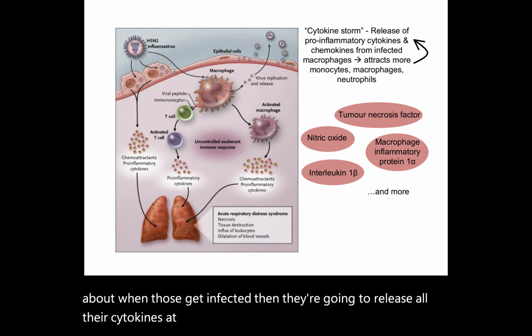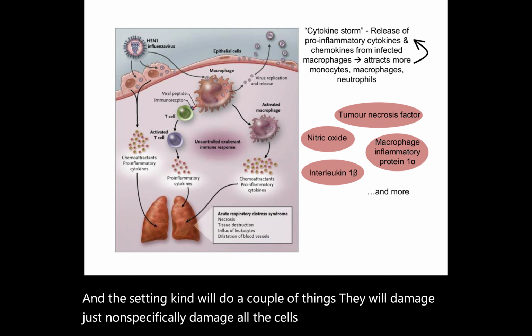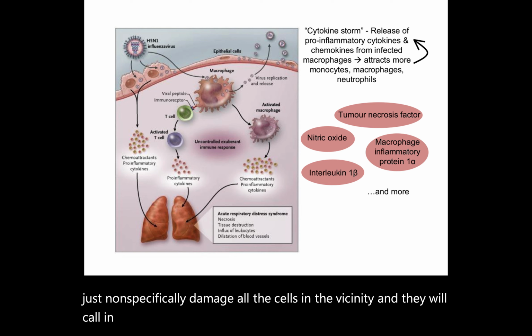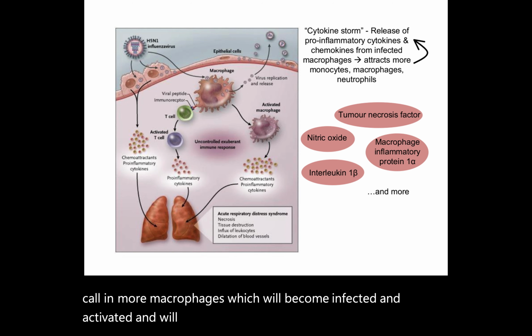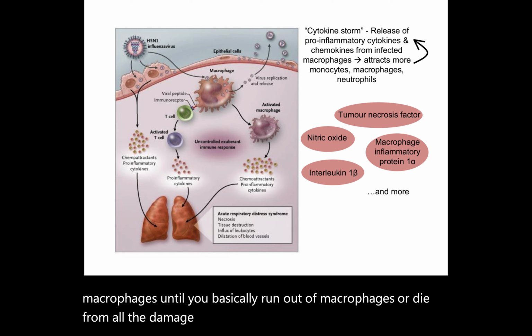And the cytokines will do a couple of things. They will non-specifically damage all the cells in the vicinity, and they will call in more macrophages, which will become infected and activated, and will cause more damage that will call in more macrophages until you basically run out of macrophages or die from all the damage that the macrophages are causing.